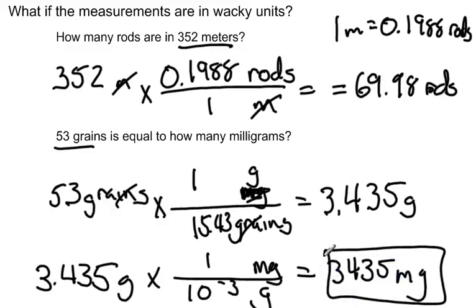That's one of the things that makes this very powerful in my estimation: you can pile units on top of units. You can do 4 or 5 or 6 unit conversions to get to the unit that you want.